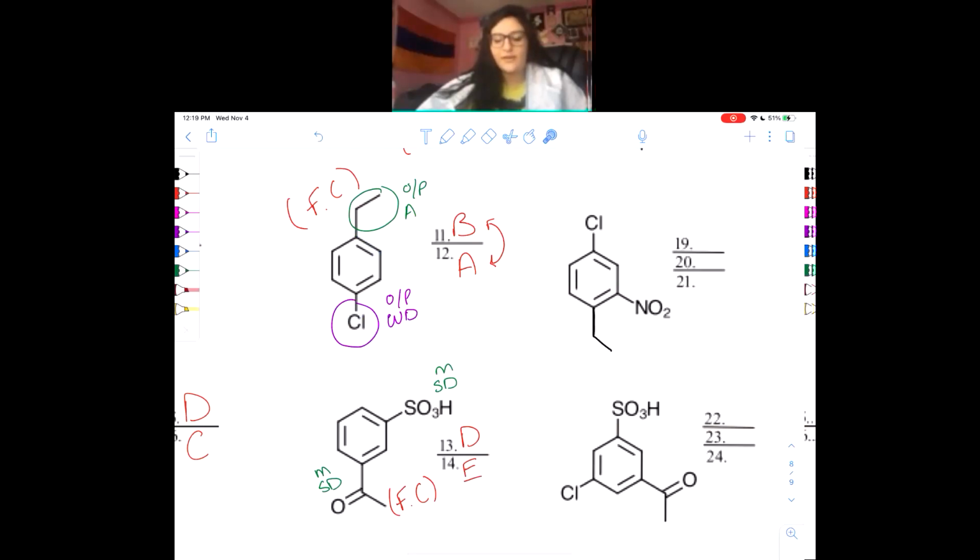But as you guys said, B followed by A would be the most favorable order because this is an activator and it would make the benzene ring more reactive while this one would deactivate the ring. Does that make a little bit more sense?